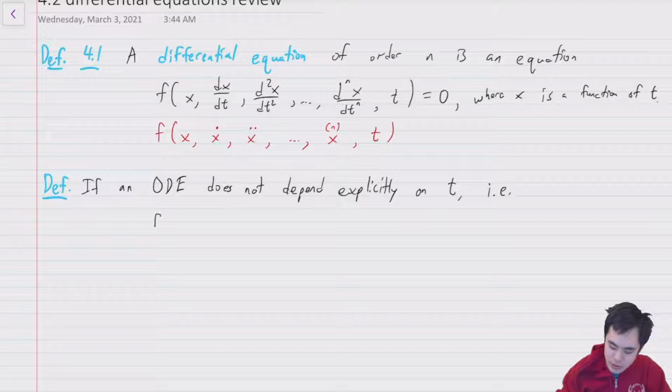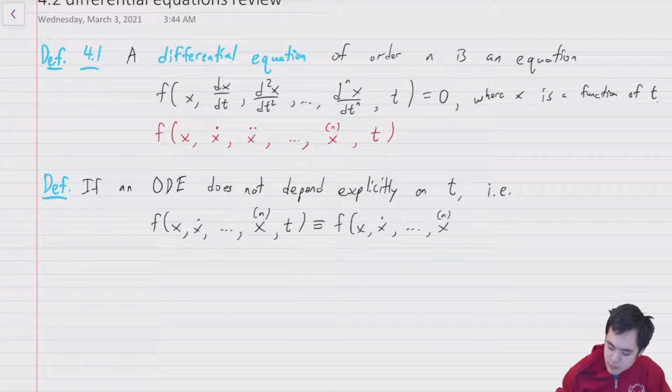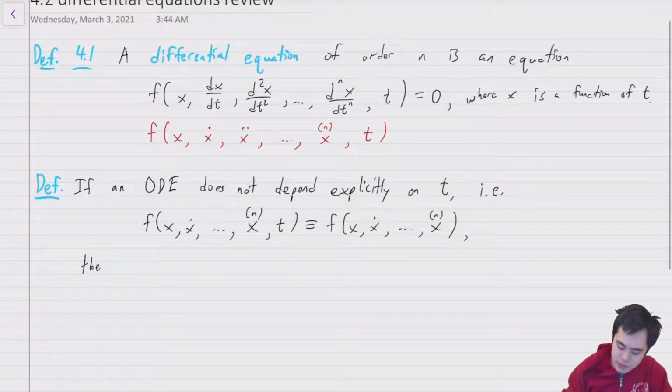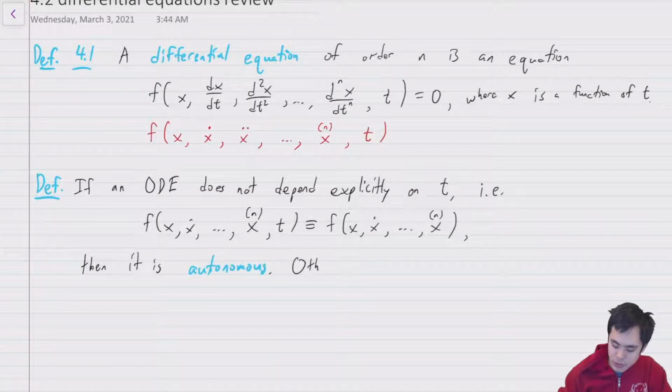So that is to say f of x, x dot, through the nth derivative, and t is the same as, has no dependence on time, when it is autonomous. Otherwise, well, we use the same terminology, it's non-autonomous.